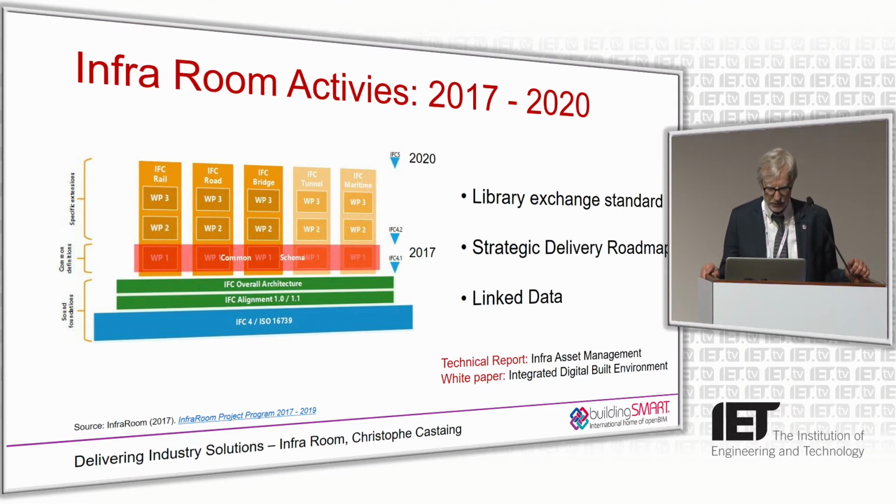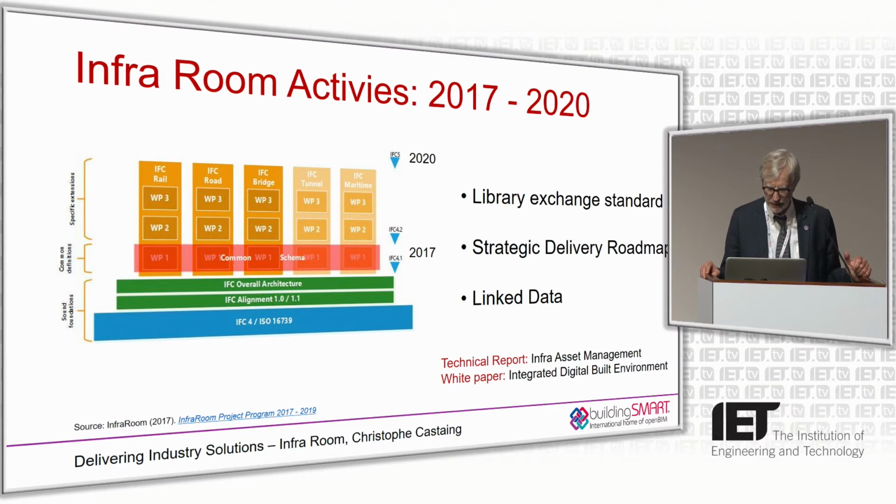We also have results with the technical report about infra and asset management done by Phil Jackson. I recommend everybody have a look at this report. It's very important, with a large view, and very interesting and useful.